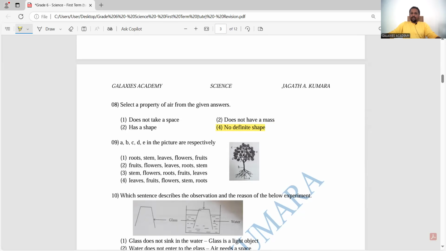Number 9 is given to identify the parts of the roots. There are several parts of the tree. There are several parts you can identify. Like this, I can draw the roots.